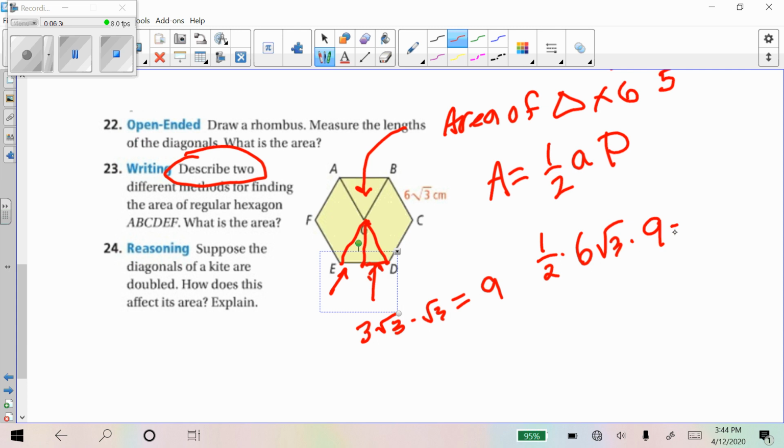And that's equal to 27 times the square root of 3. Remember, that's just one triangle, so now I need to multiply that by 6. And 27 times 6 equals 162 times the square root of 3.